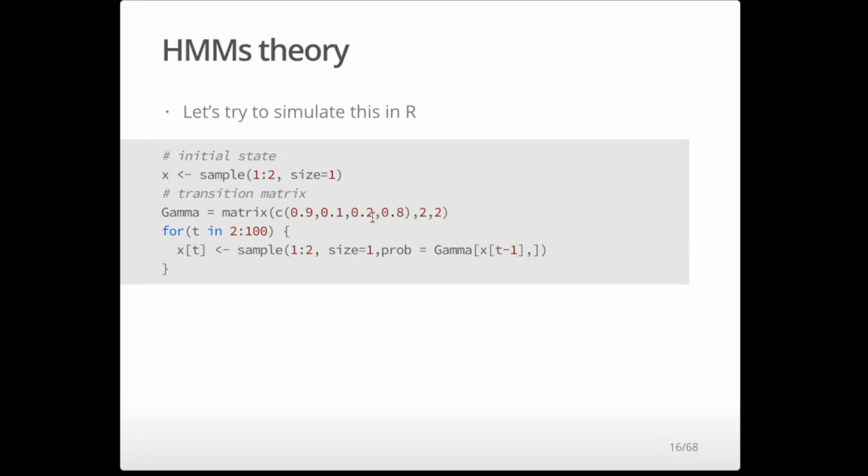If we're in state 1, then we take the corresponding elements of gamma, which is the first row. If we are in state 2, we do the opposite. So this code is going to create a sequence of x's that's going to be 1 or 2 at each time step, with these specified transition probabilities.